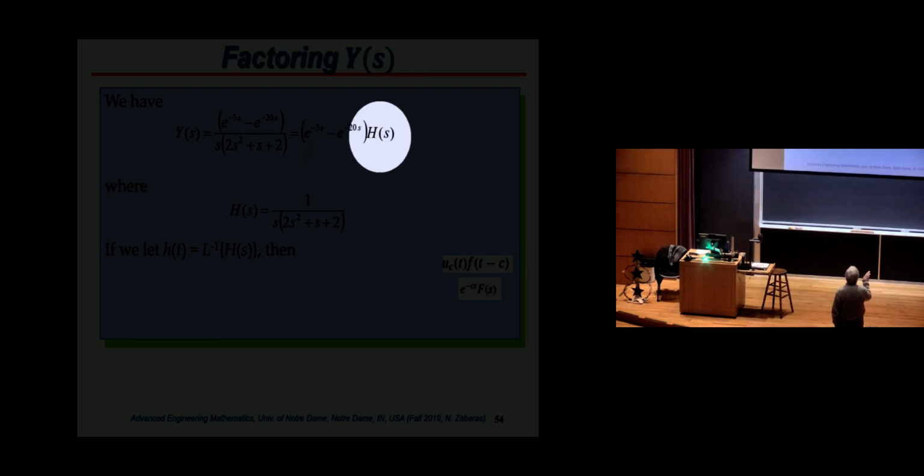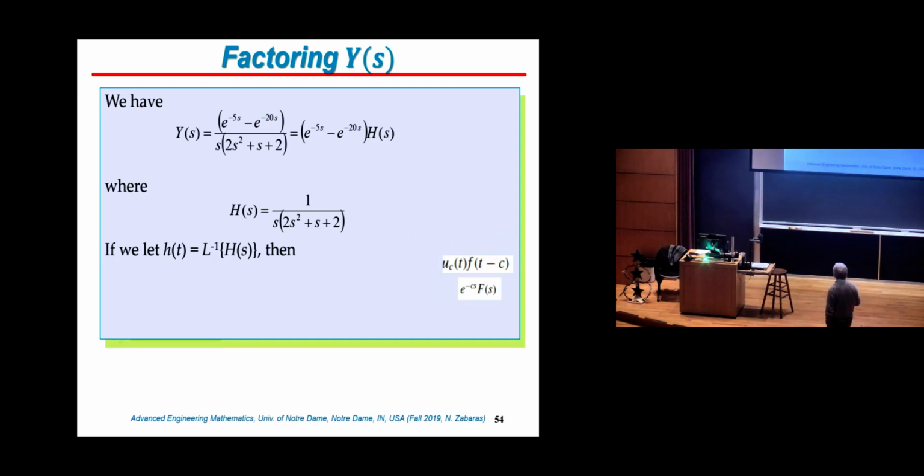And this is what we have here. So if we call this 1 over the denominator h of s, leading to some function h of t, okay? That's my f here. And then I have e to the minus cs. So this is the function that gives you this Laplace transform. So what is this function about? Remind me.